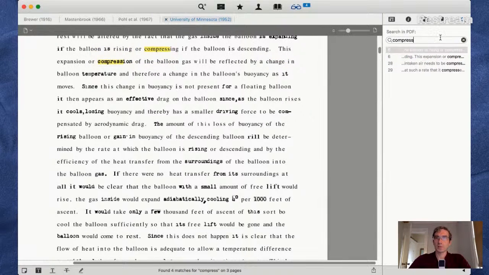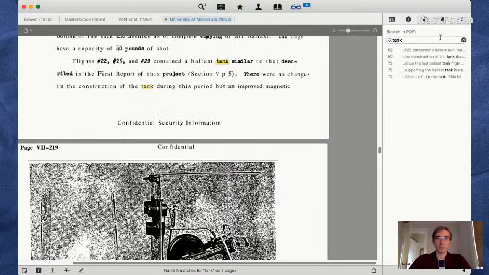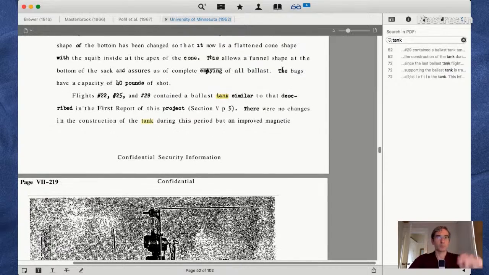No, I don't think that's got what we want. Ballast tank. Oh, maybe we do.